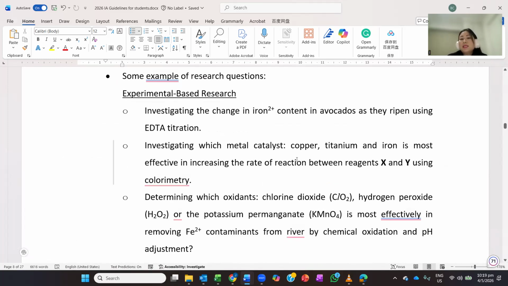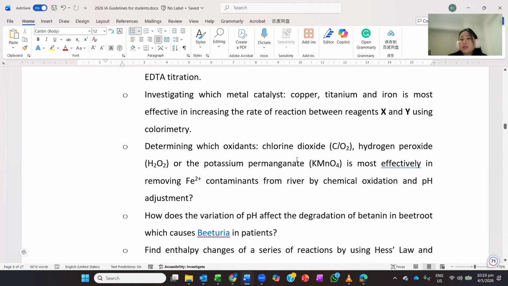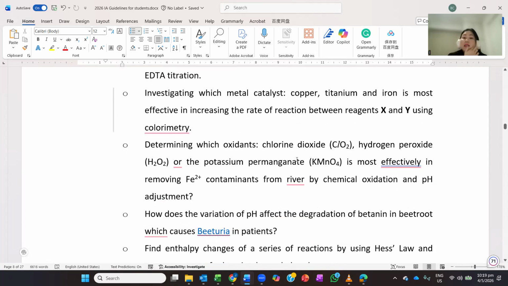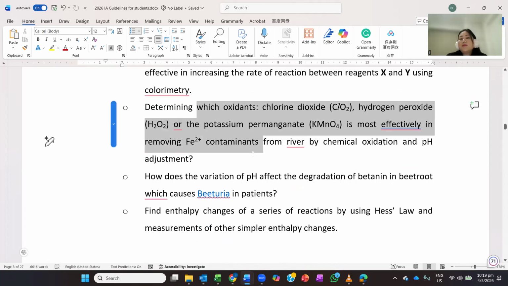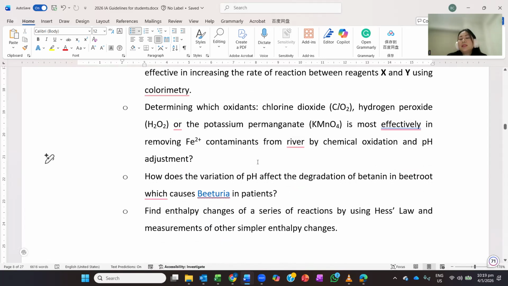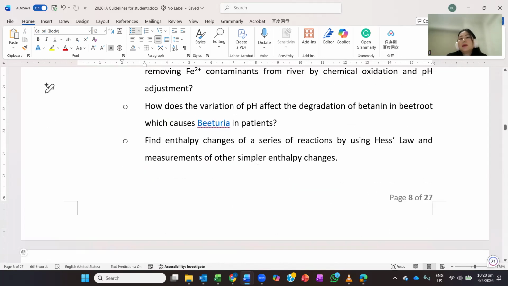Okay, investigate which catalyst is the most effective in increasing rate of reaction. All right, and compare a few oxidants and see which one is the best at oxidizing something. Okay, and then how does pH affect the degradation of certain chemicals with time?